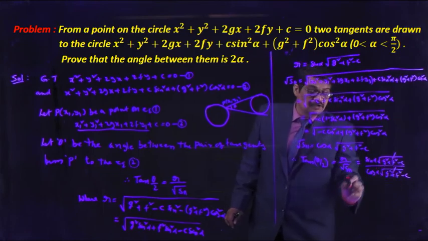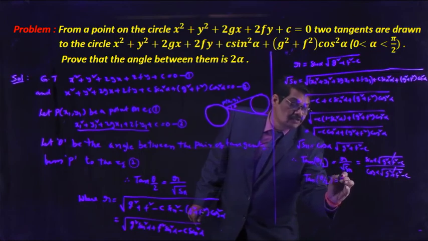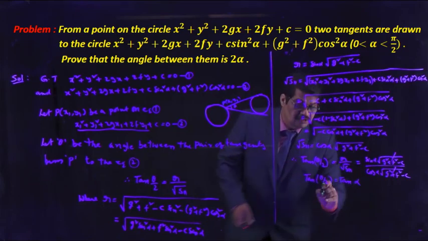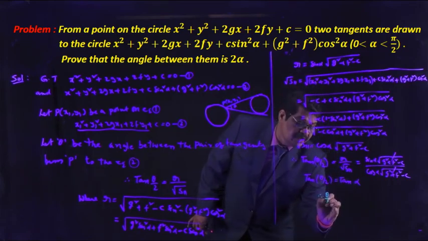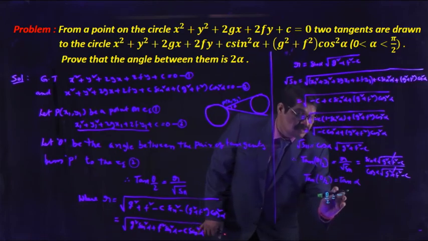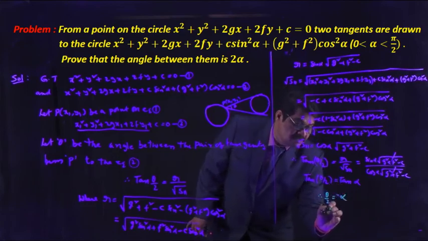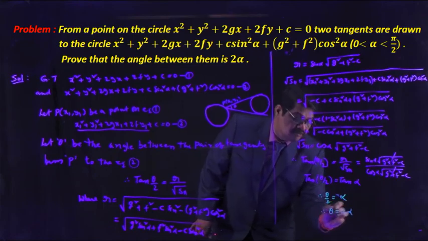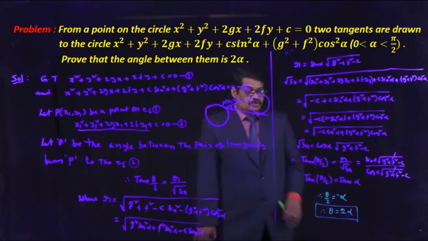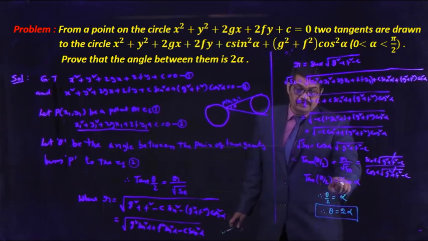This will be cancelled. We are getting tan alpha. That is tan theta by 2 is equal to tan alpha.